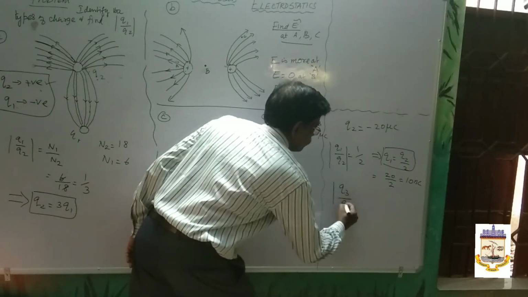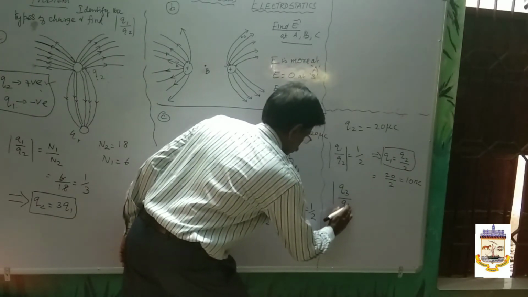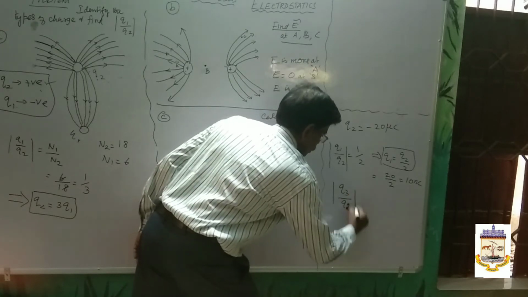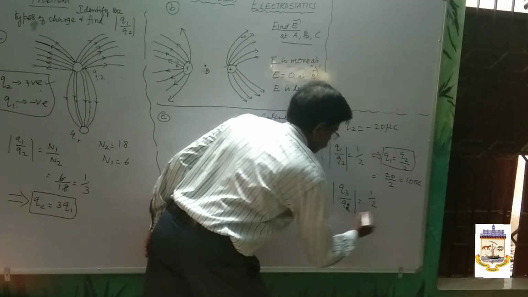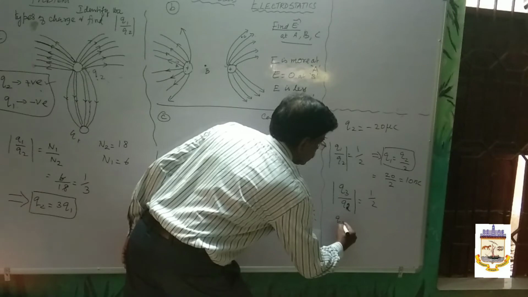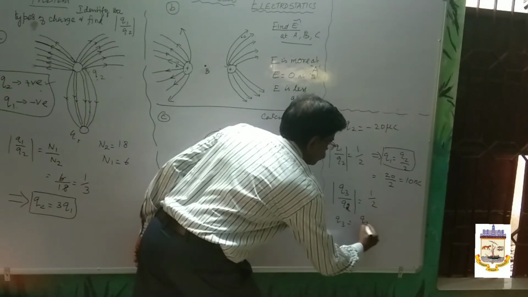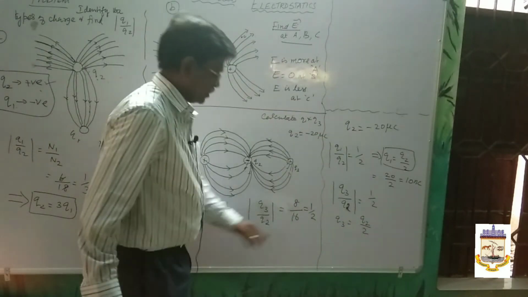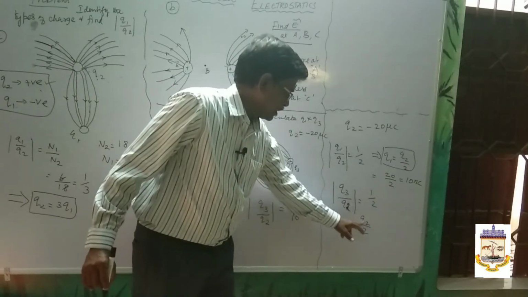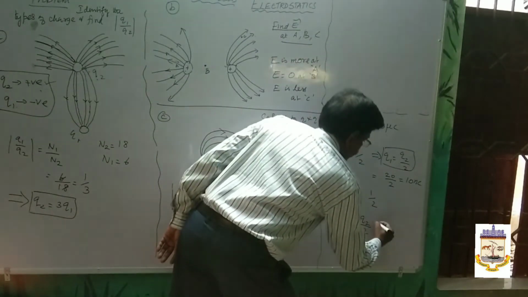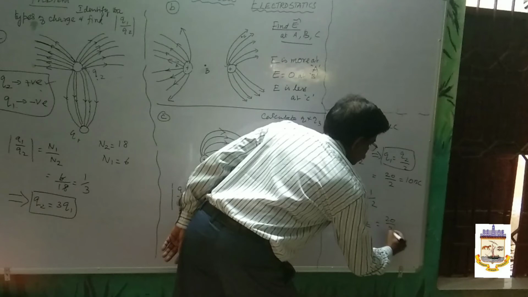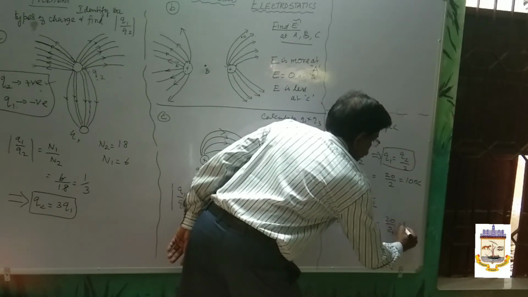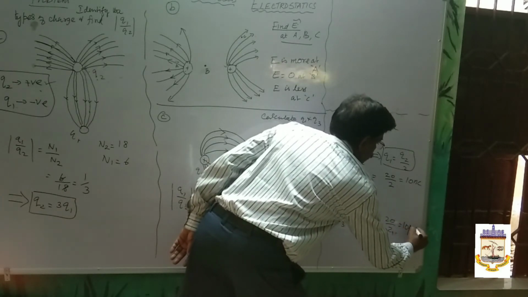Modulus of Q3 by Q2 equal to 1 by 2. So Q3 equal to Q2 by 2. Again for this also you are getting Q2 by 2. What is Q2? Whatever may be the number, 20 by 2, that is equal to 10 microcoulomb.